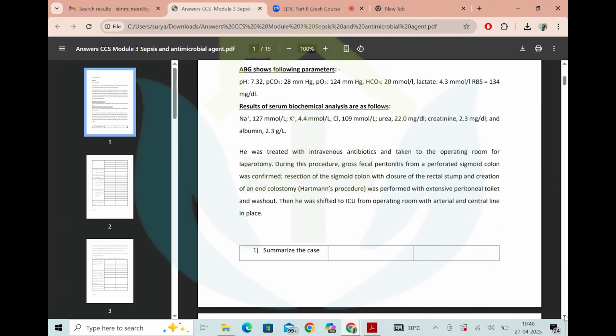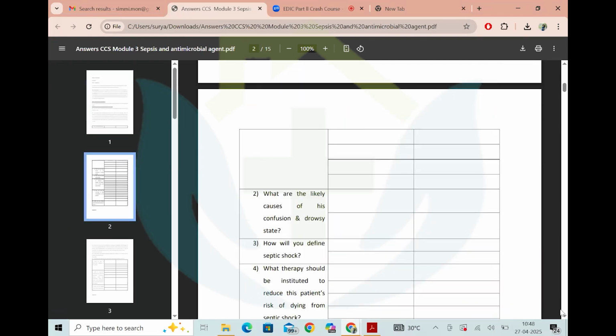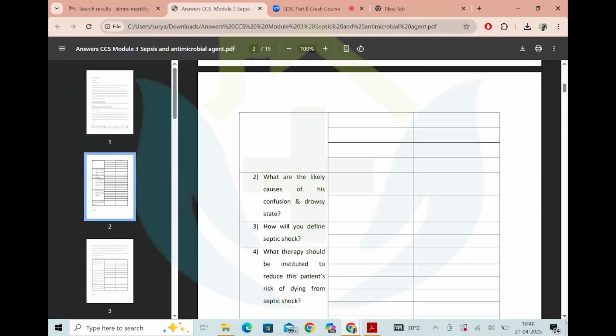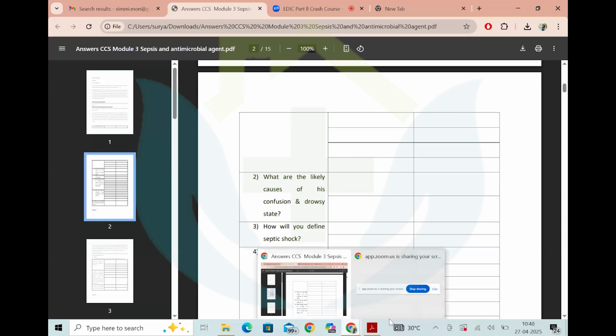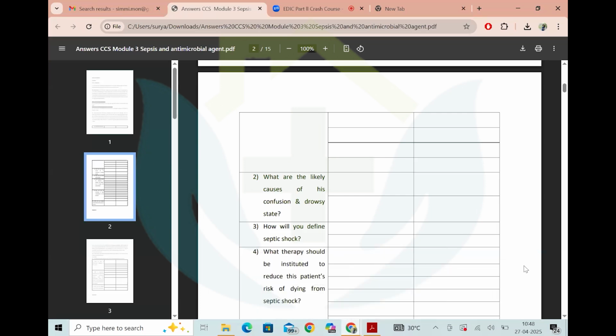Okay. What are the likely causes of his confusion and drowsy state? Hypotension, hypoxia, sepsis, septic encephalopathy. Correct. How do you define septic shock? Shock is the requirement of vasopressors to keep a MAP of more than 65. Correct.